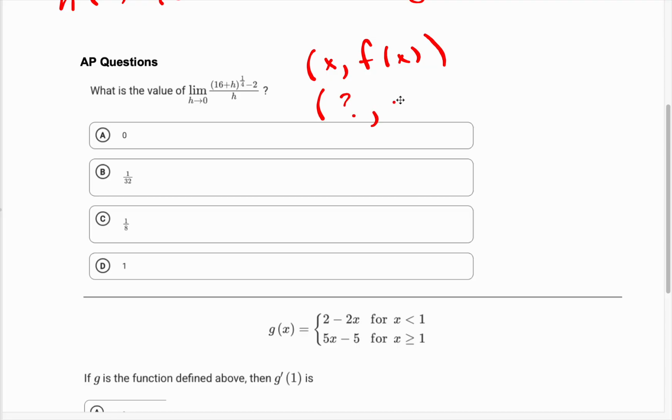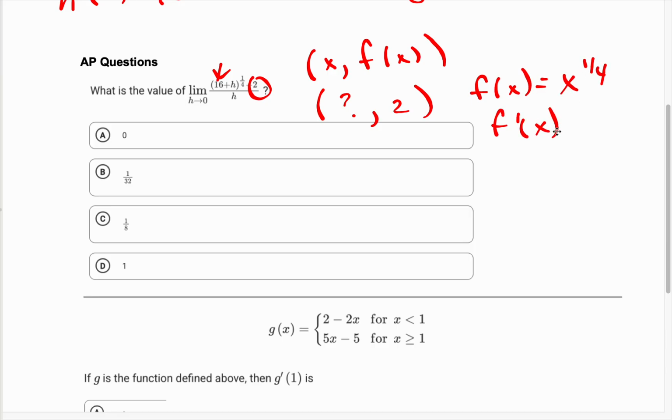So we know that f of x is 2. And so we're trying to think about right here, 16 to what power gives us 2? And it's 1/4. So that tells us that the function we're dealing with here is x to the 1/4.